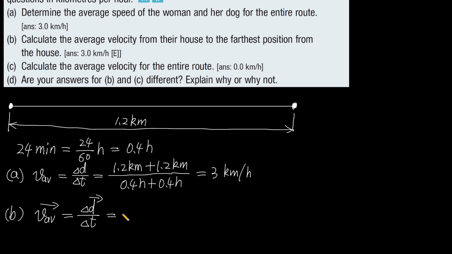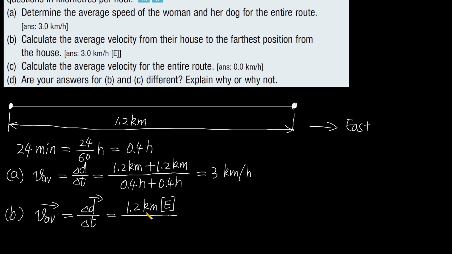From the house to the farthest position, the displacement here is 1.2 kilometers, and the direction is east.